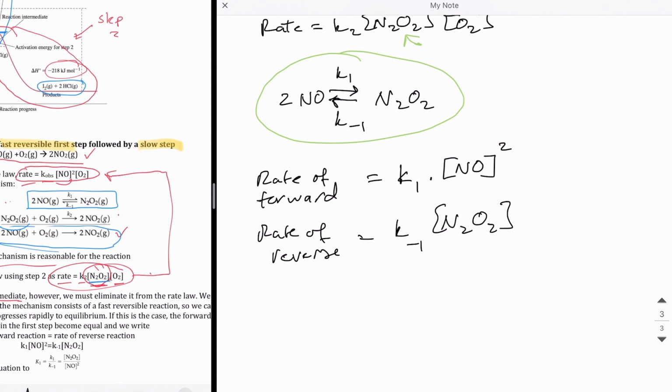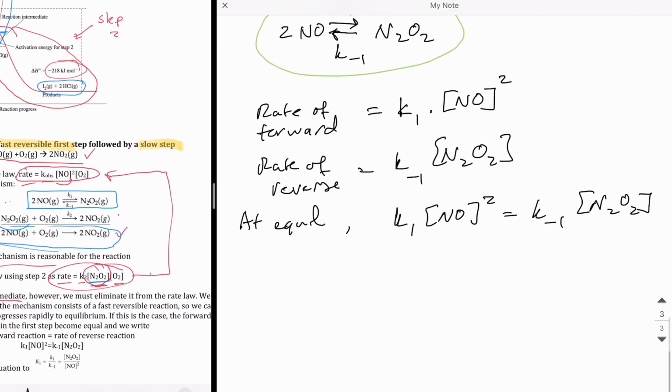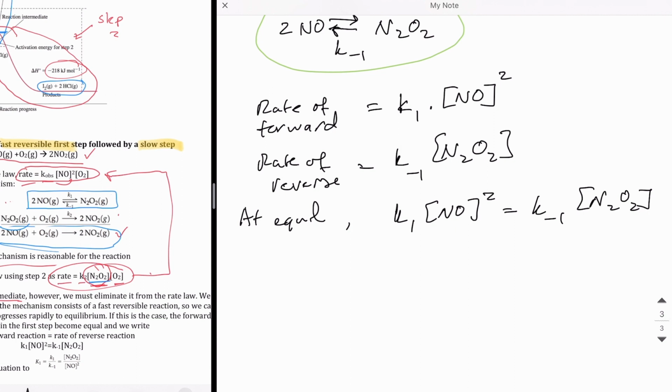Now, how is this useful? Well, we know that at equilibrium, the forward and the reverse rates are equal, which means that K1 times NO squared is equal to K minus 1 times N2O2. Our goal is to express this theoretical rate law that we derived earlier and get rid of that N2O2. So now we have a way to do that. We can use substitution.